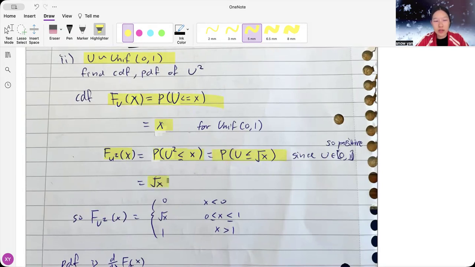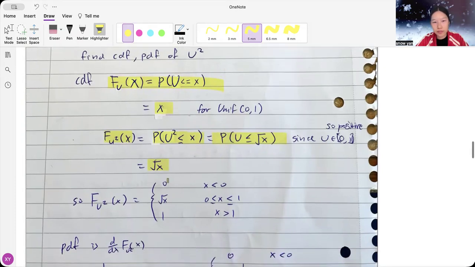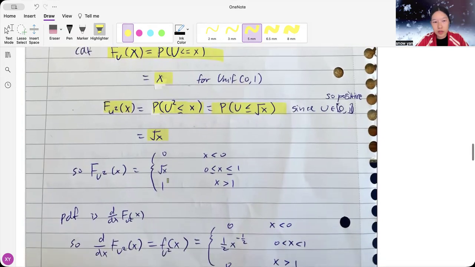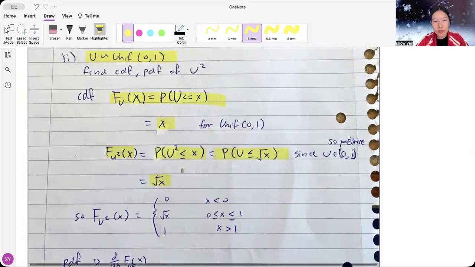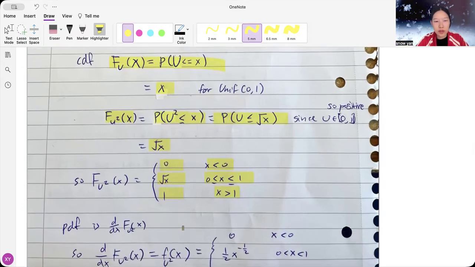So it's just square root of x. Because it's from 0 to 1, we're still good in the range, so nothing changes over here. Since it's a CDF, it's 0, then square root of x up to this point, and then 1 afterwards. So this function would look something like this.